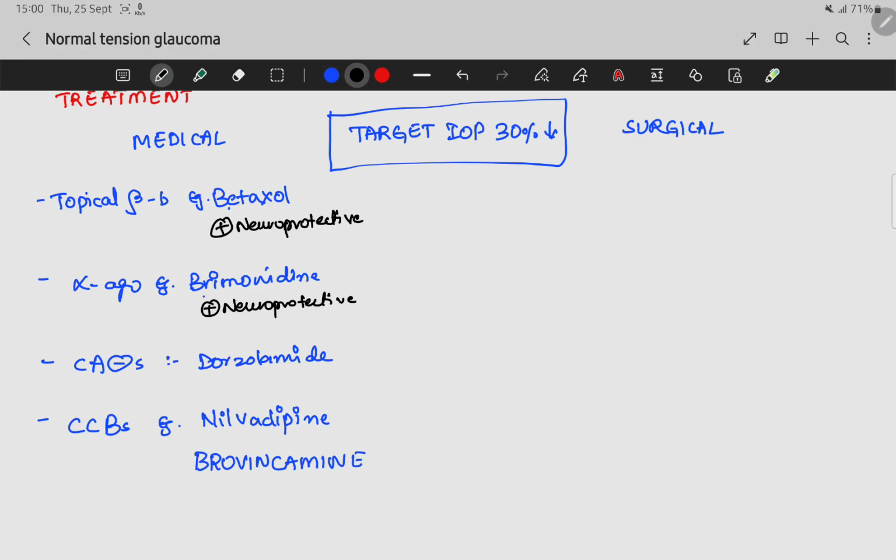This brovincamide is a nimodipine-like agent. So these are reserved for the patients whose glaucoma is deteriorating despite the regular topical agents and surgeries. So it addresses vasospasm and improves the blood flow to the nerves.